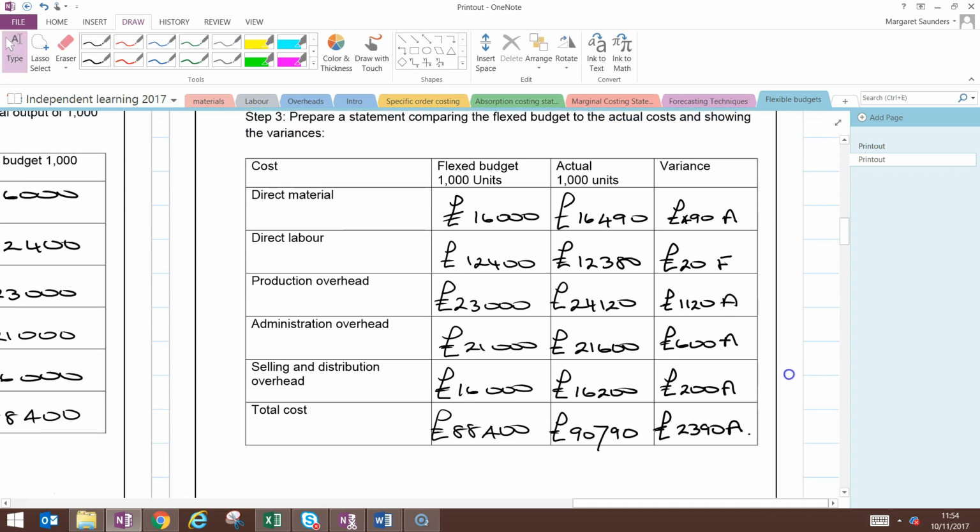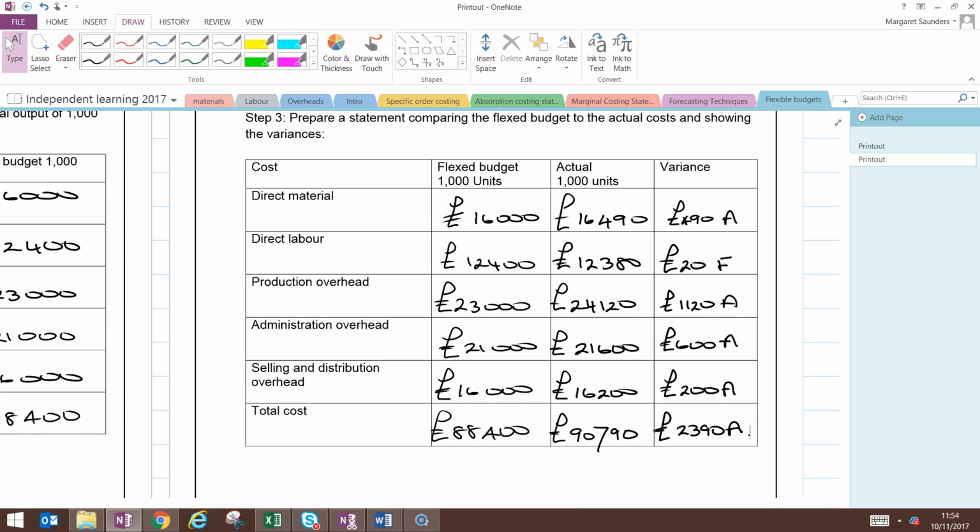So this budget would be used for control purposes. For each of the costs, if the variance was considered significant, it would be reported to the relevant manager or budget holder. They would investigate the cause of the variance and use that information to feed forward to try and prevent those variances arising in the future.